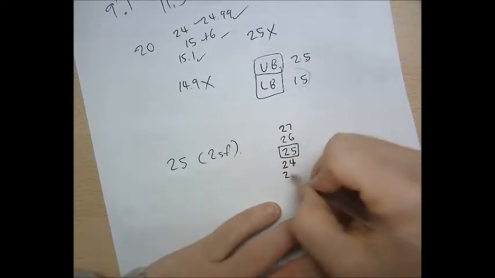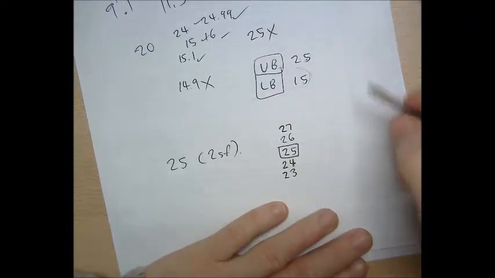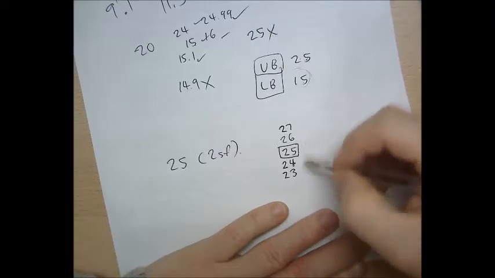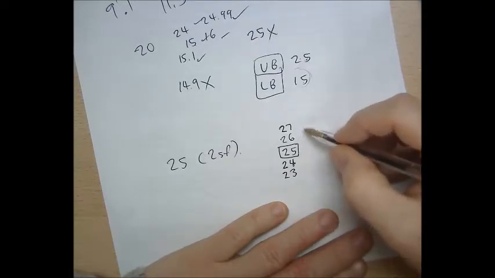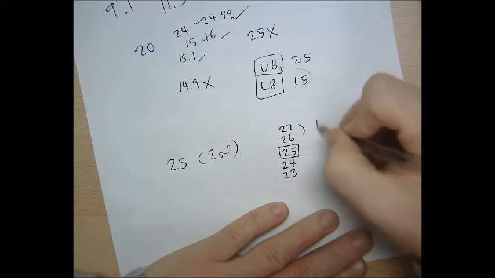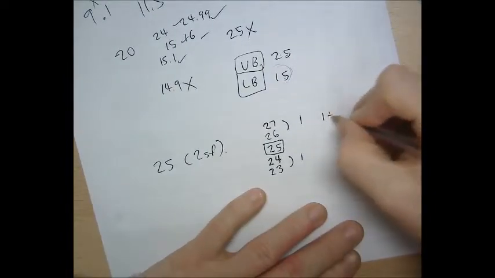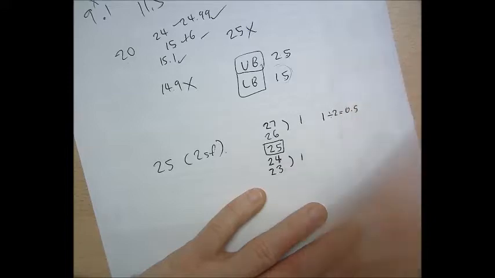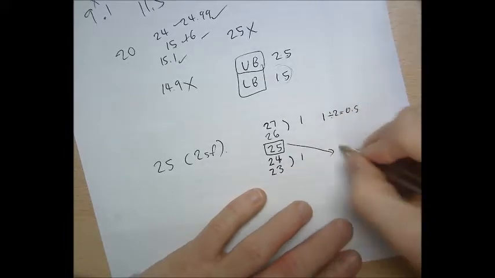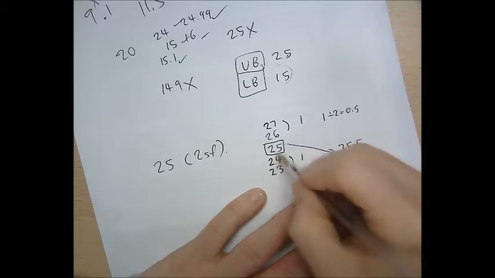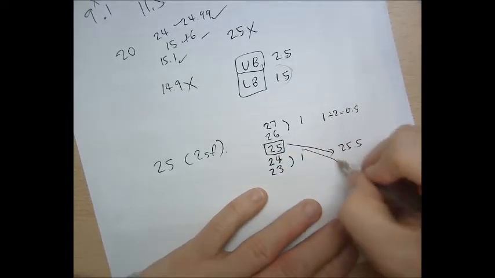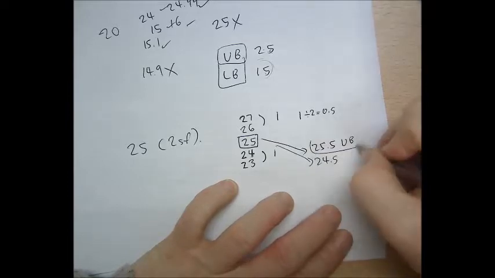And then what you do is you take any neighbouring items in this list and you subtract them. You should always get the same answer. You then take that thing and you divide it by 2, and then you add that on to the 25, or the central real world figure, and you take it off, and when you added it on, that's your upper bound, and when you took it off, that's your lower bound.